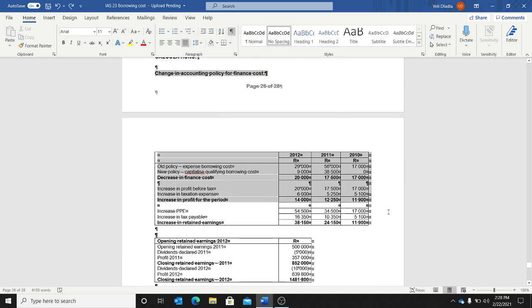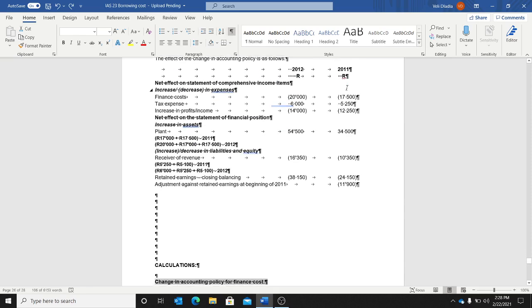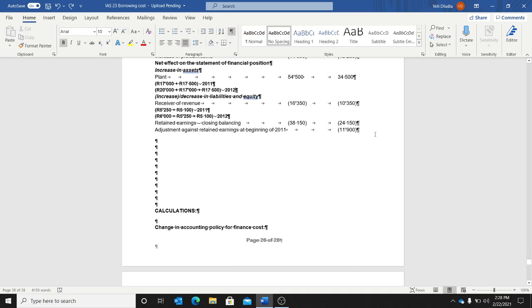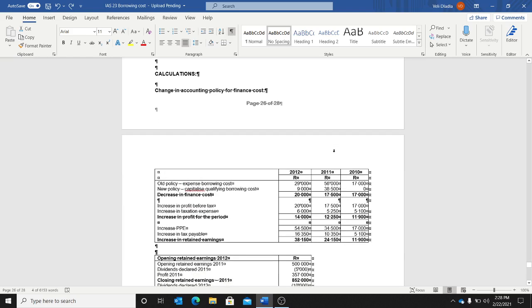This calculation that you see here, you transfer the figures to the top part here, right? So you've got a decrease in expenses on both years. You see the direction is the same. Increase in tax, giving us a net increase in profits. Then you come here, it tells you that you've got 34,500 as an increase and 54,500 as an increase, which these figures come from here.